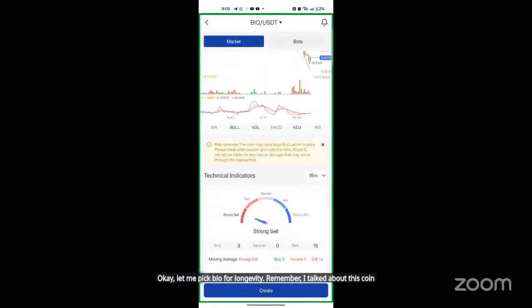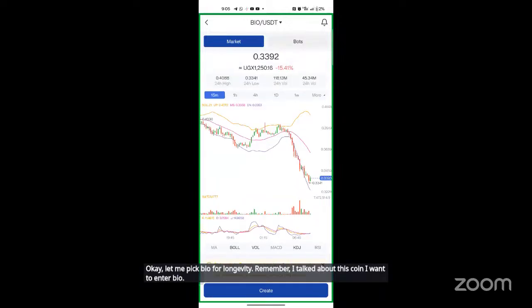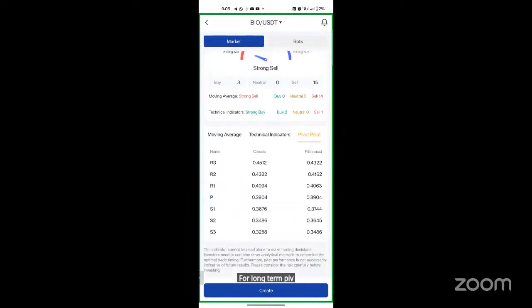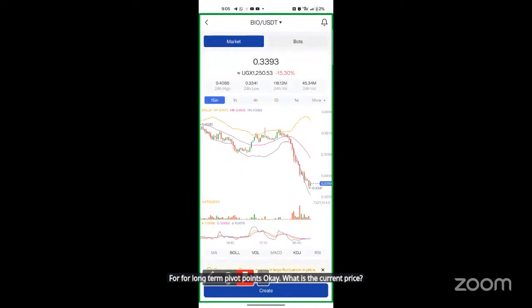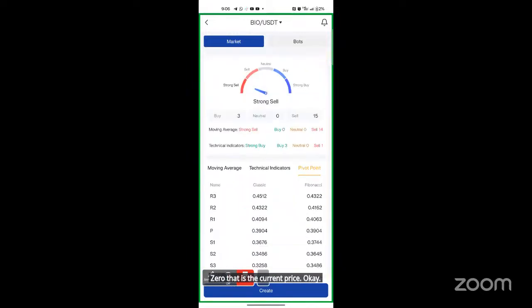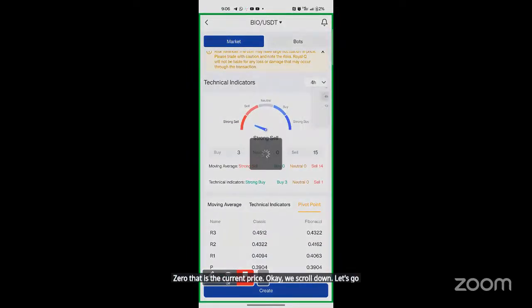I want to enter BIO for long term pivot points. What is the current price? 0.3394. We scroll down. Let's go to 4 hours, or 1 hour, to get a solid entry.